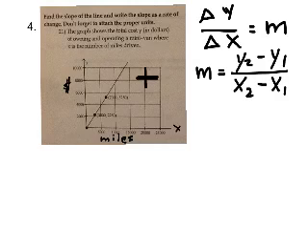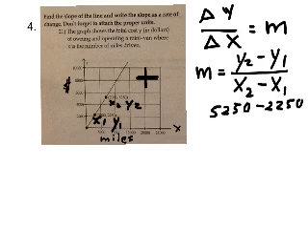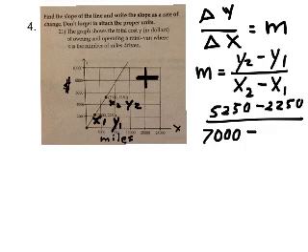So let's make this our first point, x1 and y1. This is x2 and this is y2. So y2 is 5250 minus y1, 2250, over our x2, 7,000 minus 3,000.